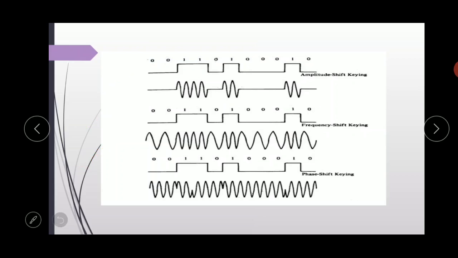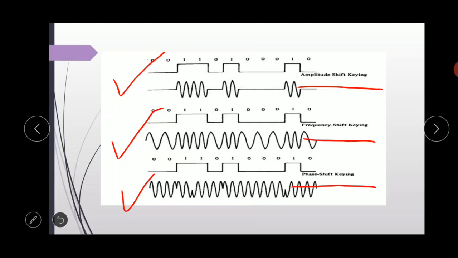See here. In these waveforms, a single feature of the carrier undergoes modulation. Means here amplitude, here frequency and here phase. So this one is the ASK, this one is the FSK and this one is the PSK.